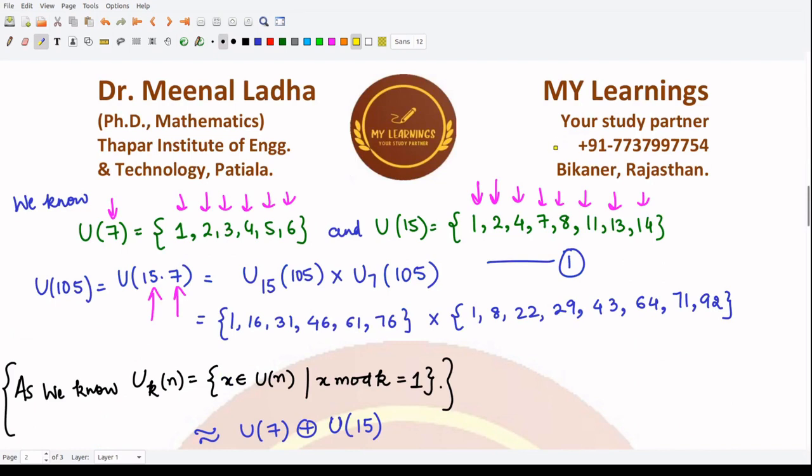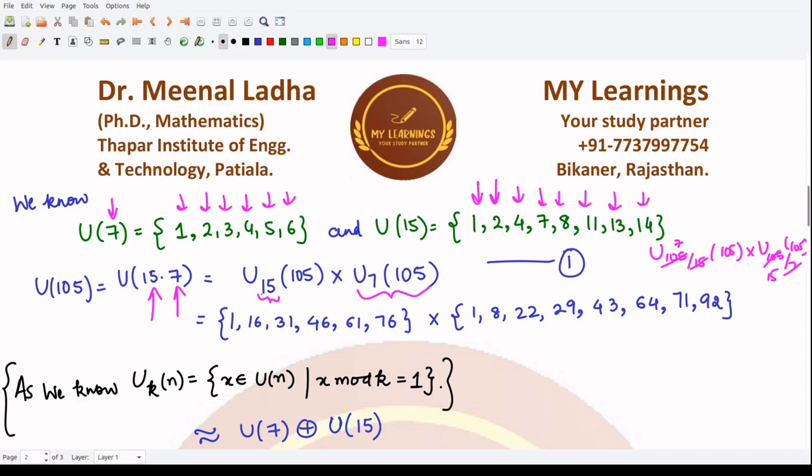So here you have listed your members as U105 divided by 15 of 105 into U105 divided by 7 of 105, right? So when you divide by 7, you get 15, and when you divide by 15, you get 7. So you get both of them as this.